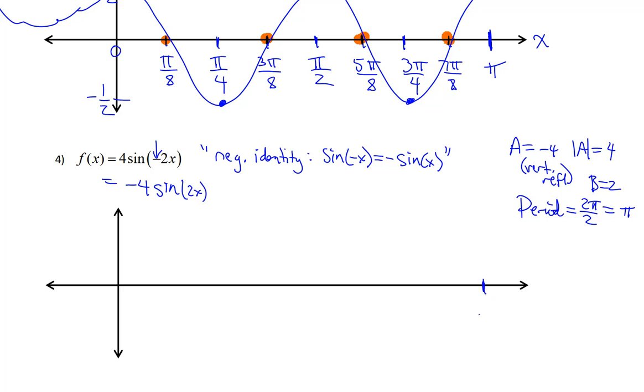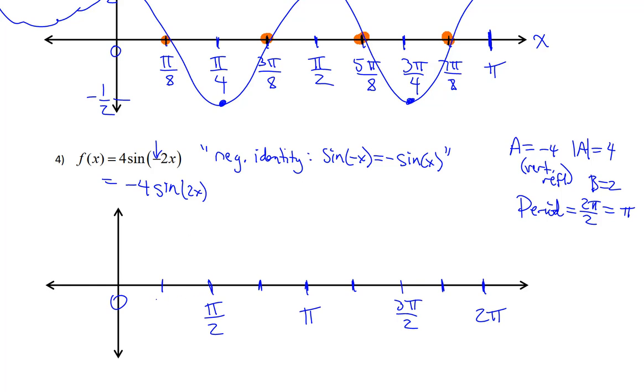Cut everything in half, so halfway between those would be 1 pi. Halfway between those would be pi over 2. And so 1 pi over 2, 2 pi over 2, 3 pi over 2. We're just counting by halves here. And then we'll cut those in half one more time to make sure we're accounting for enough of what we'd like to see, which would be intercepts and then peaks and valleys.